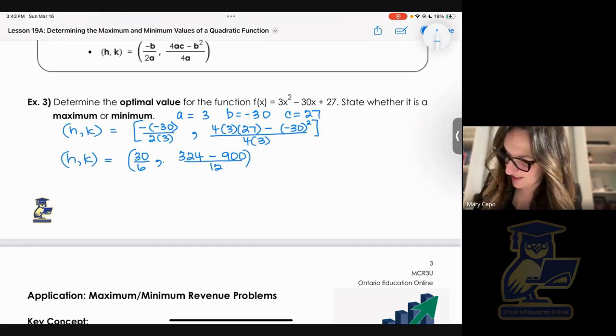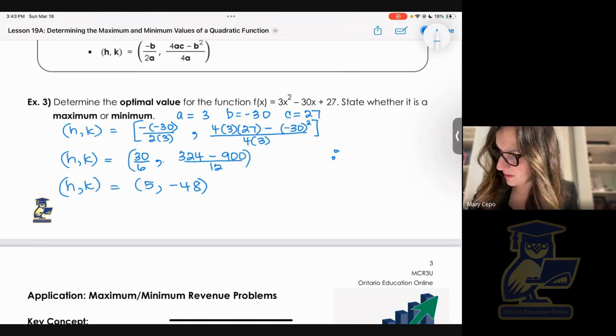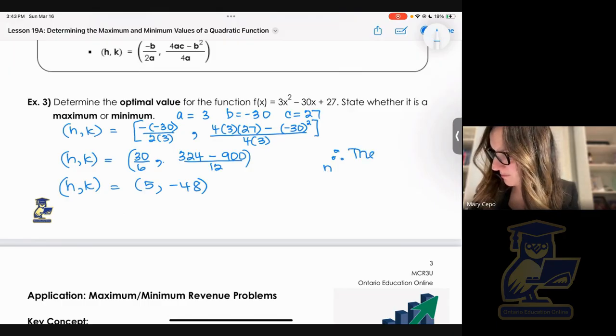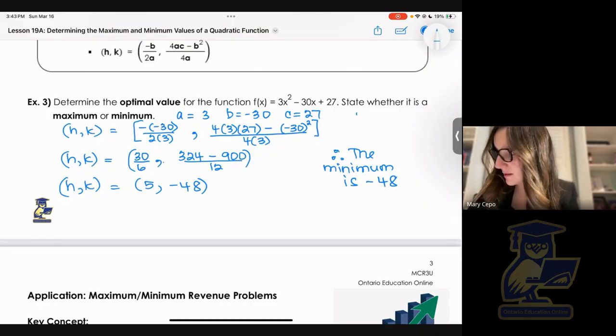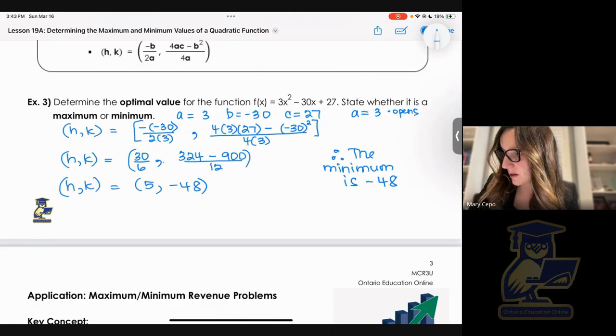Lo and behold, our vertex is equal to (5, negative 48). So therefore, the minimum is negative 48. And again, keeping in mind, we know it's a minimum because a is equal to positive 3. It's opening upward. And if you need to, draw yourself that visual. It's opening upward. We know that has to be a minimum.